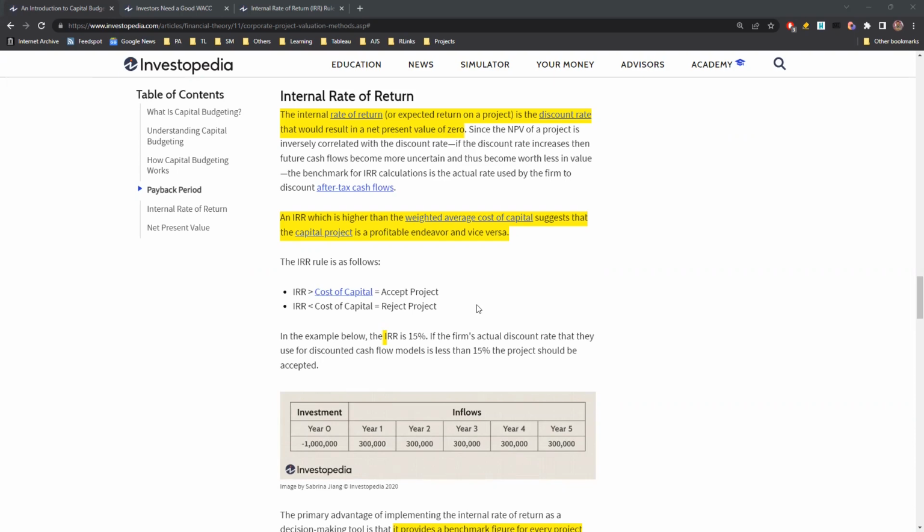Now, typically the capital that companies acquire will not be as simple as a loan. At times it will be, but at times it will be way more complicated, involving several components. A part of it may be from loans, a part of it may be from certain investors who will have their own return expectations.